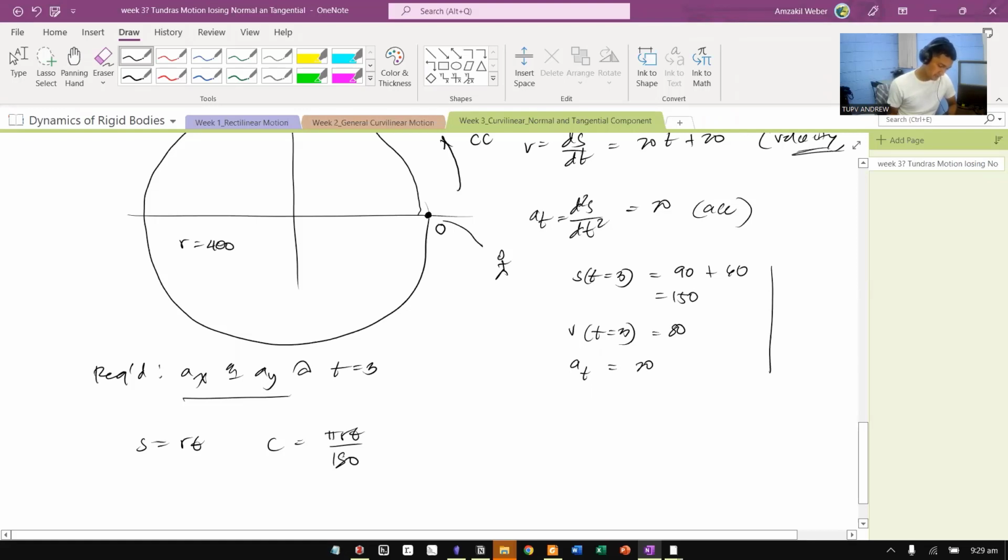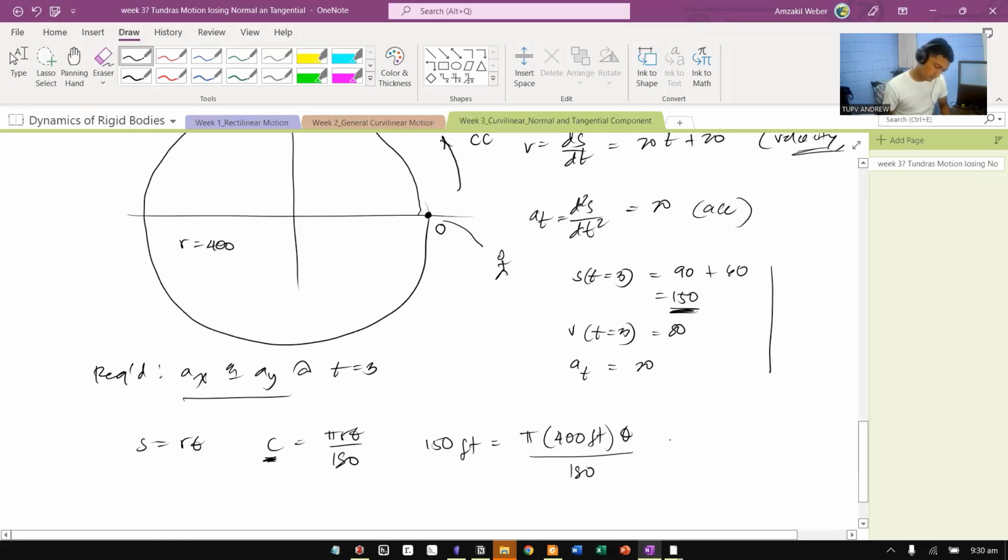The arc is 150, so this should be 150 feet, and r is 400 feet. Then we get theta, which gives us the sense of direction, or orientation.